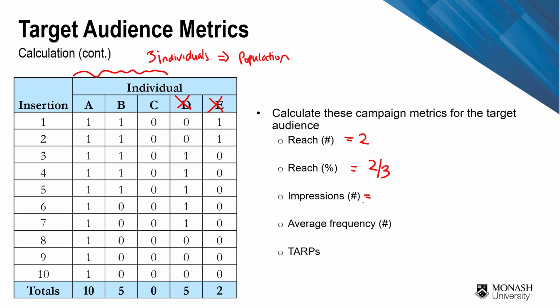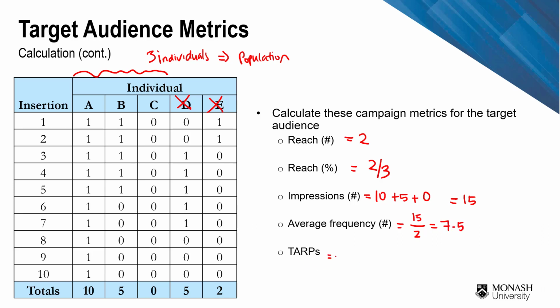So that will be 10 plus 5 plus 0, which gives me 15. Now the average frequency, as we probably learned before, is basically the number of impressions divided by the number of reach. So there are 15 impressions divided by 2, which is the number of reach. This will give me 7.5.